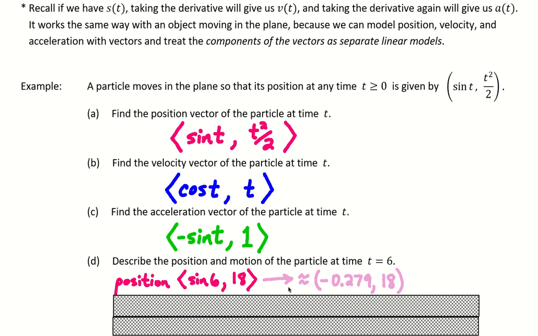So the position is going to be roughly this, and I'm approximating the sine of 6. I'm going to assume that this is radians. Double check on that. I'm going to go off the assumption that we're doing the sine of 6 in radians. Let me know if that's not correct.